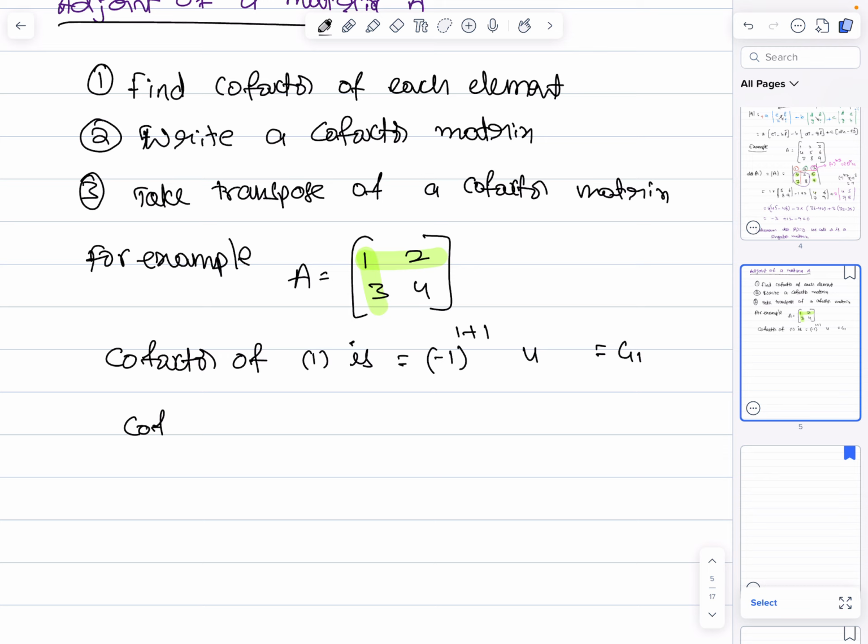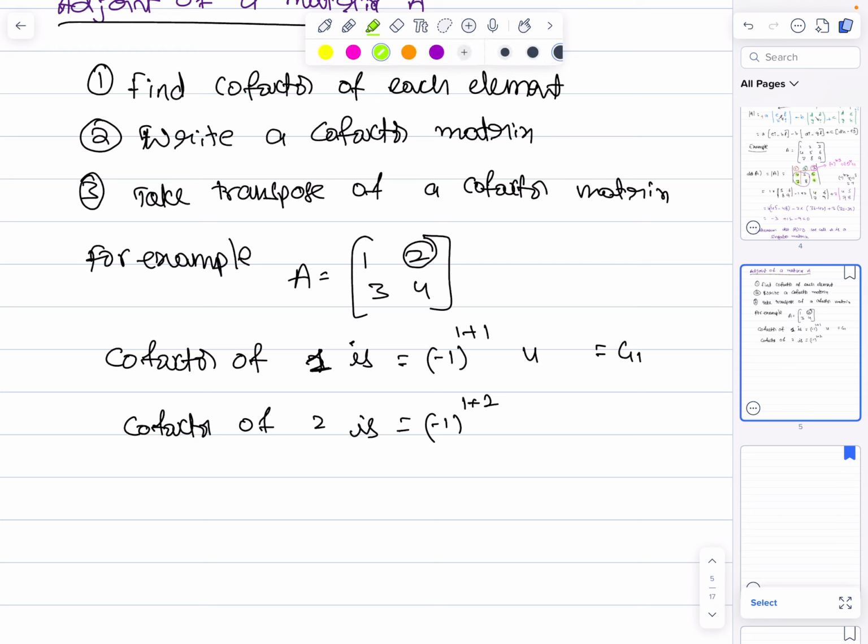Cofactor of 2 is minus 1 whole power, so what is 2's position? 2 is in the first row, second column, and when you apply this, you should ignore that particular row and column.